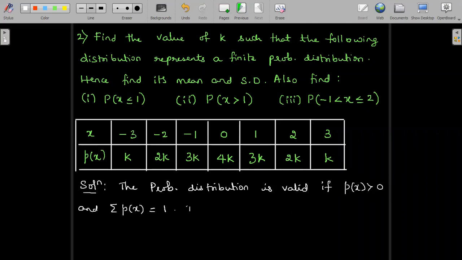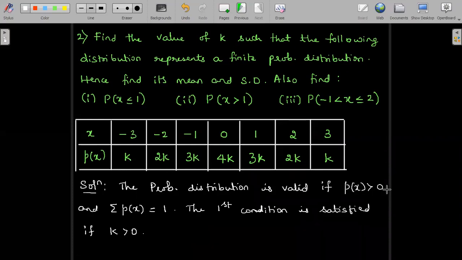So the first condition is satisfied if k is greater than 0. So k must be a positive value in order to say that the first condition, p of x is positive. So each one of the p of x values are associated in terms of k. So we can say that the first condition to say probability distribution gets automatically satisfied if k value is positive.